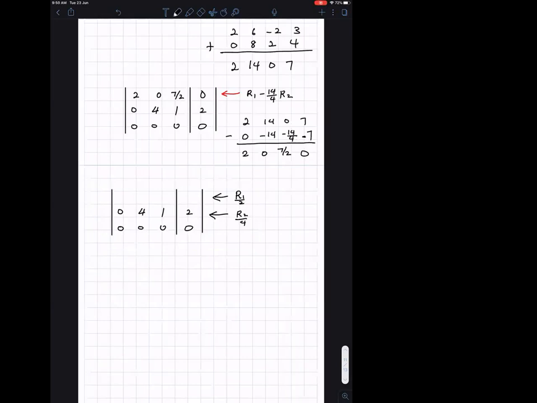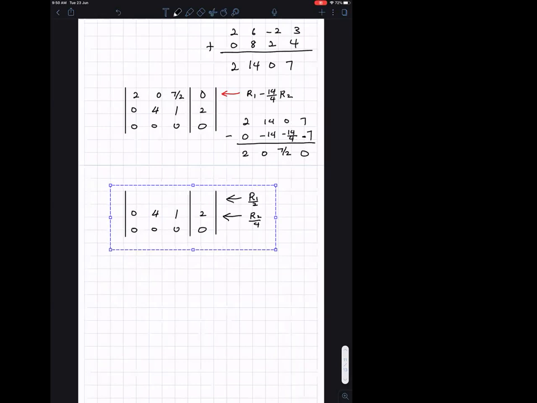Row 1 divided by 2 becomes 1, 0, 7 over 4, and 0. Row 2 divided by 4 is 0, 1, and 1 over 4. Divided by 4, it then becomes 1/2.